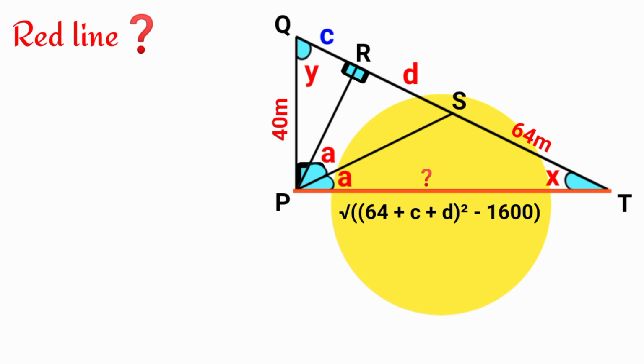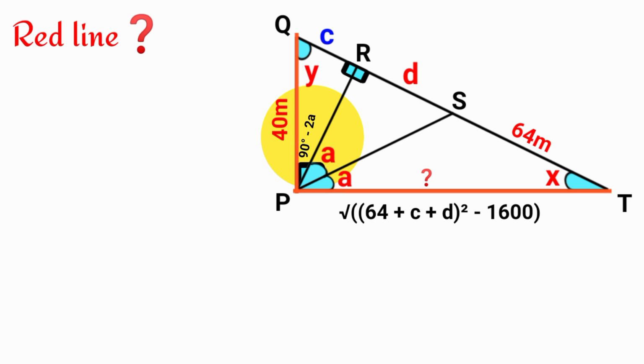We don't know. But if you recall, this whole angle QPT is a right angle, and we have it divided into 3 angles, this, this, and this. So since this is A and this is also A, this must be 90 degrees minus A minus A. Minus A minus A is minus 2A. So the angle is 90 degrees minus 2A.